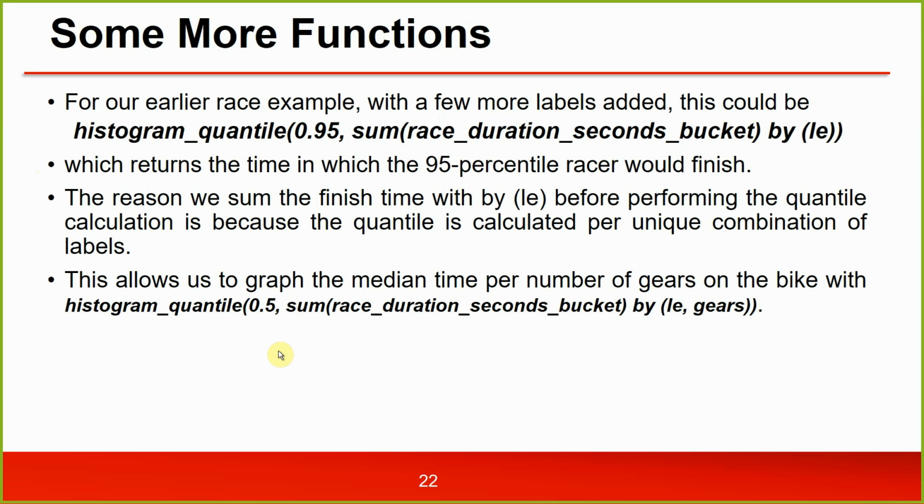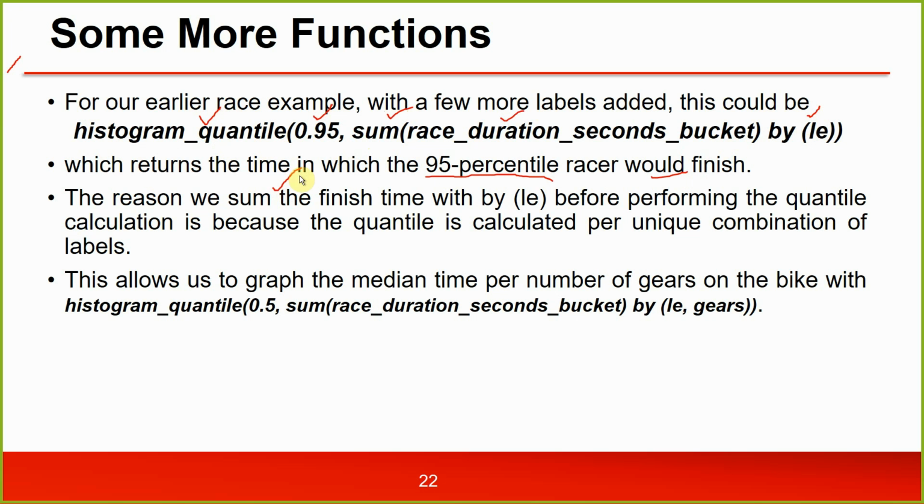Let's take an example of this. For our earlier race example, with a few more labels, this could be very interesting now. histogram_quantile 0.95 of sum of race duration seconds bucket by le. This would mean it will return the time in which the 95th percentile racer would finish.